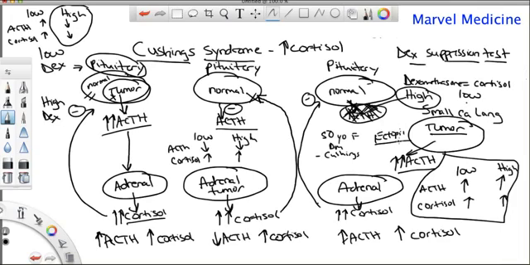If it's ectopic, then what is the most likely tumor? Small cell lung cancer. Okay, so sometimes in questions I've seen the answer being a chest X-ray or a chest CT. Okay, those are the answers because they're looking for small cell lung cancer. That will be the answer. That's like a third order question right there.